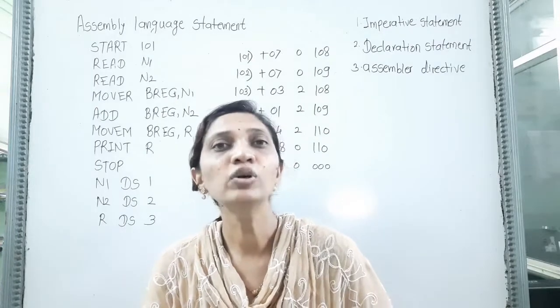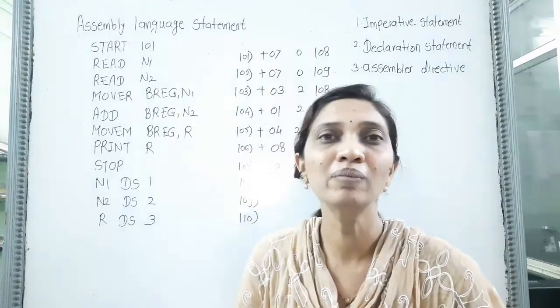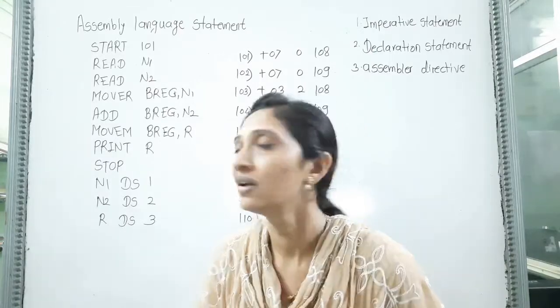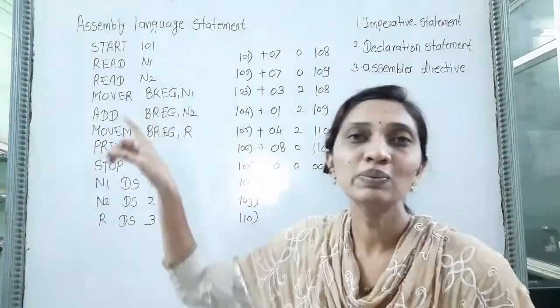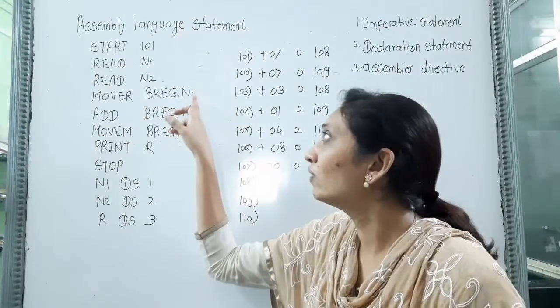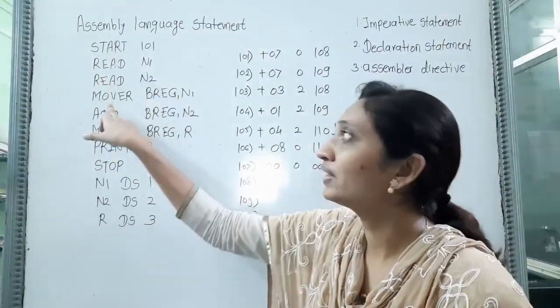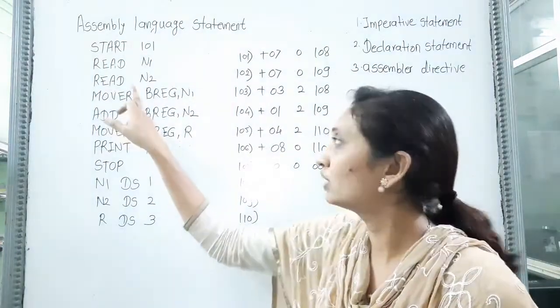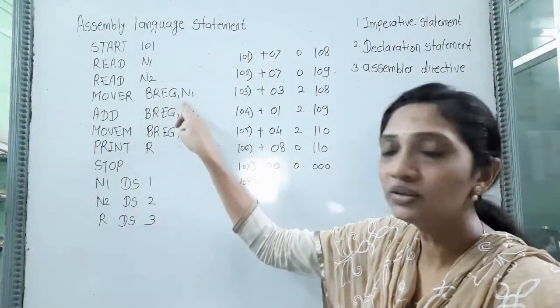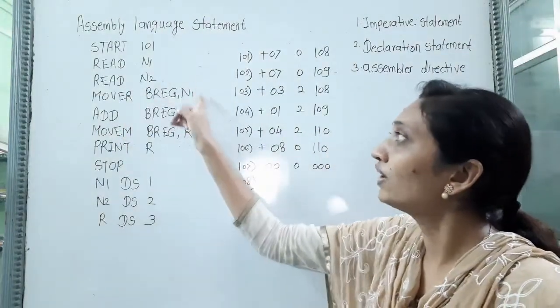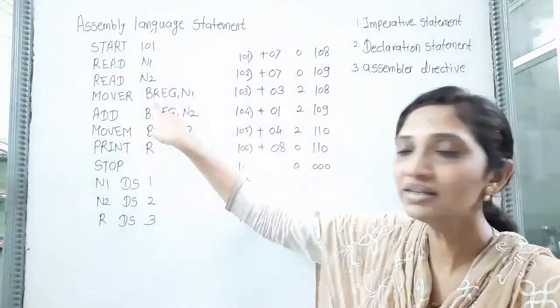If we have to add two numbers, one number should be present in a register, so there is a need to transfer one value into a register. For that purpose we write the MOVER instruction. MOVER BREG, N1 means the value of N1 is moved to the BREG register.